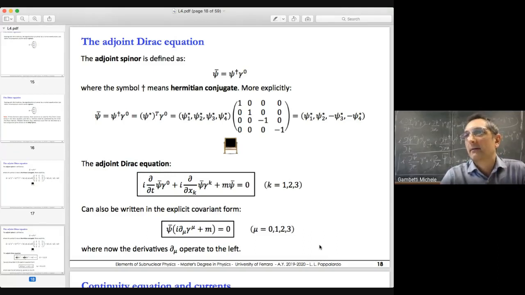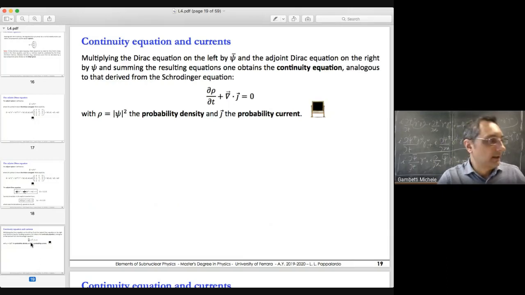Okay, so now we have derived the Klein-Gordon equation, the Dirac equation and the adjoint Dirac equation. Let's see if the Dirac equation can solve at least two of the problems raised by the Klein-Gordon equation. First of all, let me derive the continuity equation.